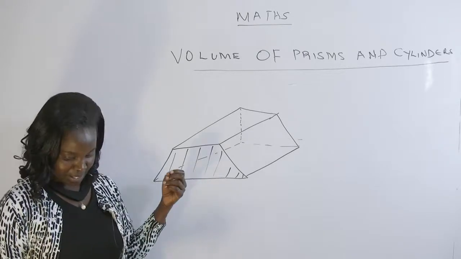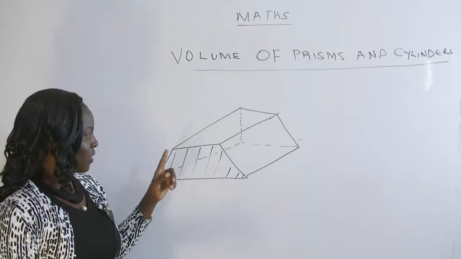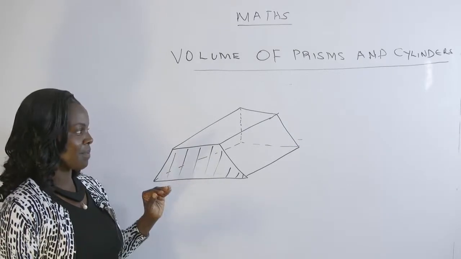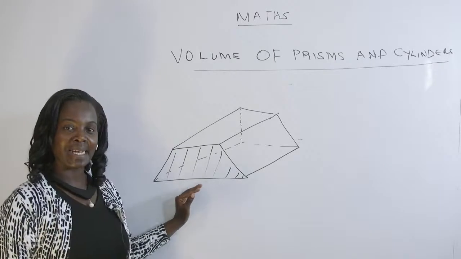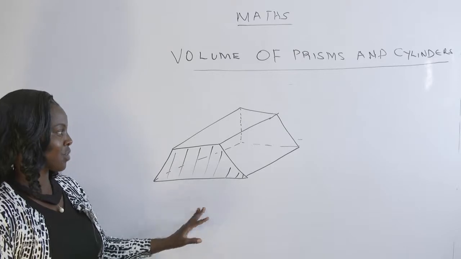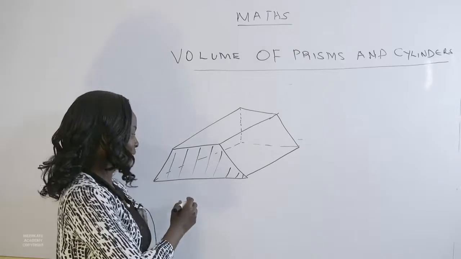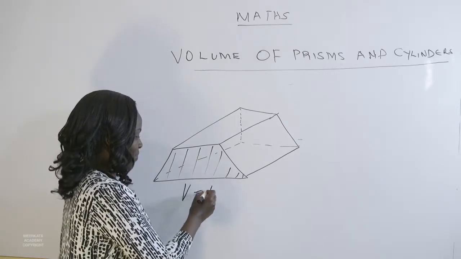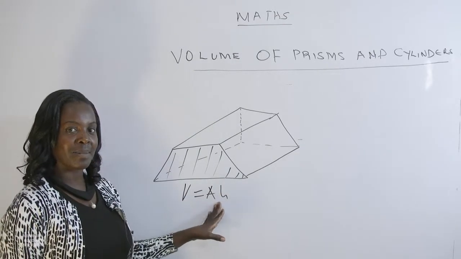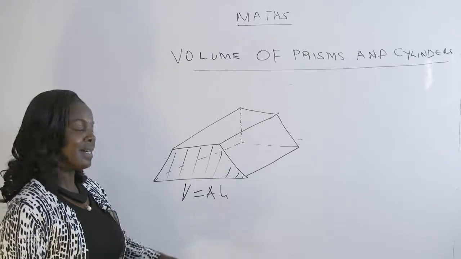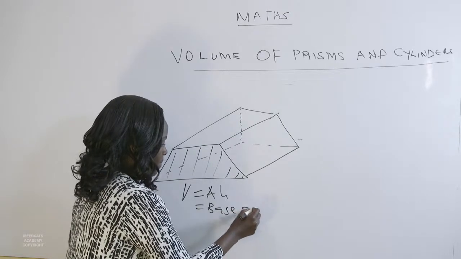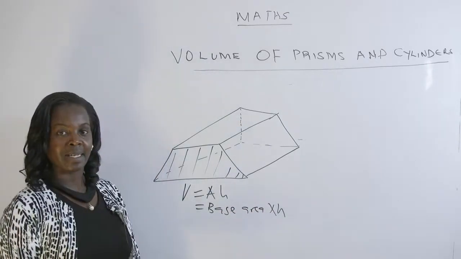So we call this one a trapezoidal prism, because its base is a trapezium. Again, to find the volume of this three-dimensional object that has a base of a trapezium, you use volume equals A times height. And we have said A means base area, base area times the height.